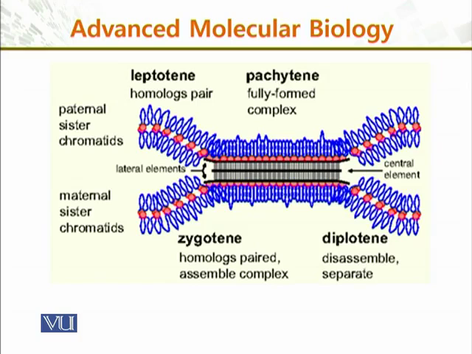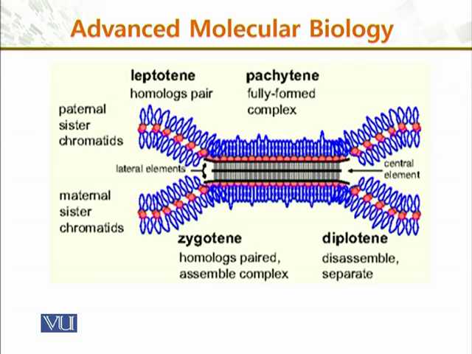Just as shown in this diagram, you can see the leptotene, that is the homolog pairs, they are there, zygotene, pachytene, and the central element is this, where one chromosome is from the maternal and another one is from the paternal.